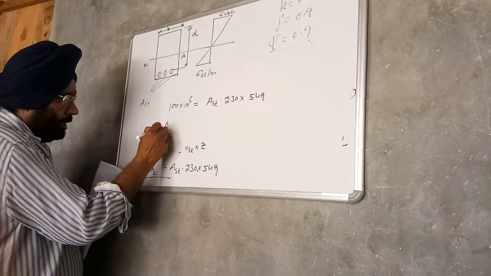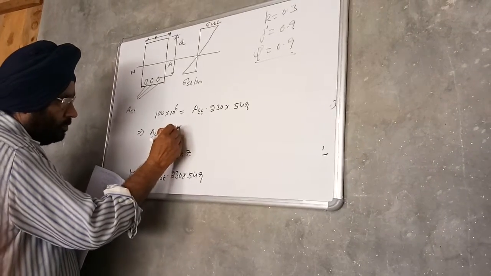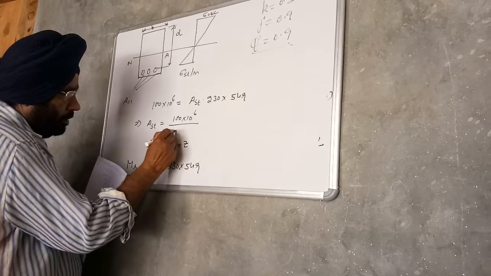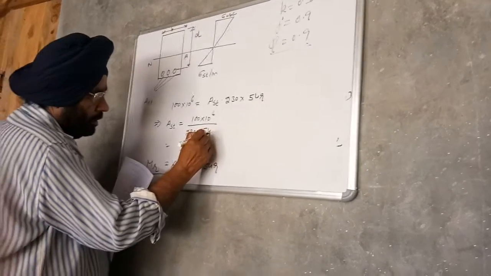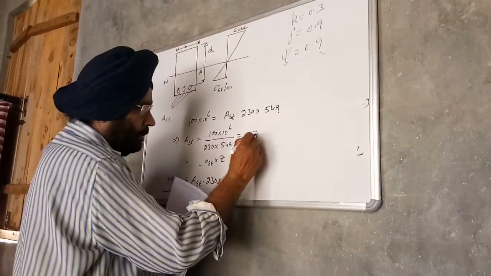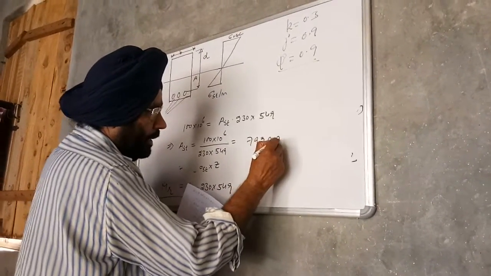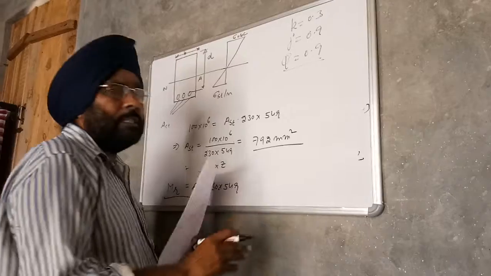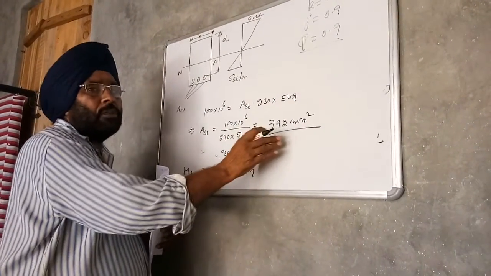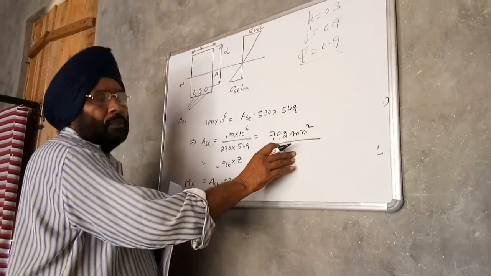So it means AST, the cross sectional area of the steel, its value is 100 into 10 raised to the power 6 upon 230 into 549. So the value is 792 square millimeter. So this is the cross sectional area of the steel when HYSD bars, high yield strength deformed bars, are used.